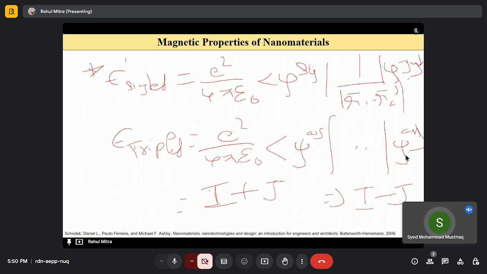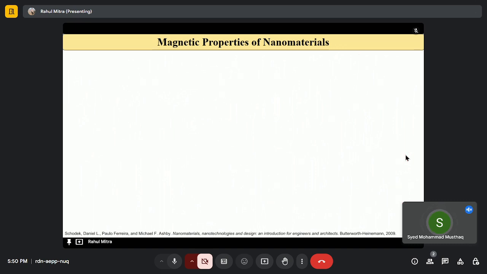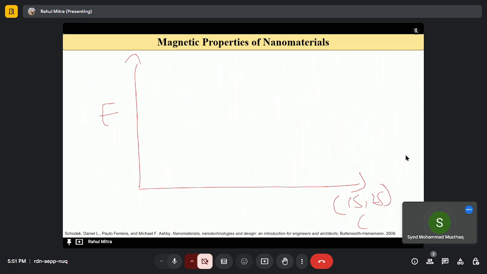Now why is there a difference in energies? Because of the splitting of the energy levels, right? If I show you on the graph, this is my energy, this is 1s, 2s, or 1s, 2p, right? So I have two things.